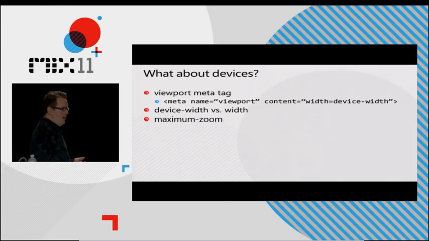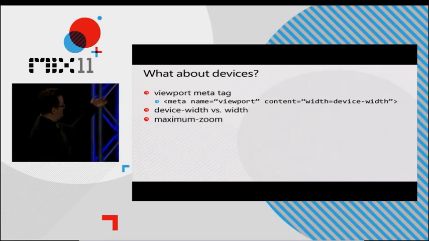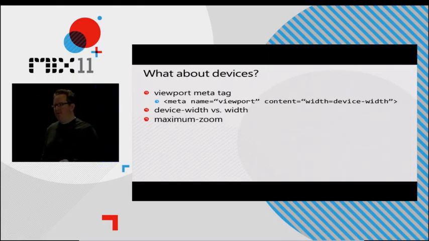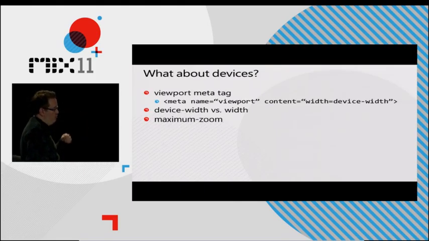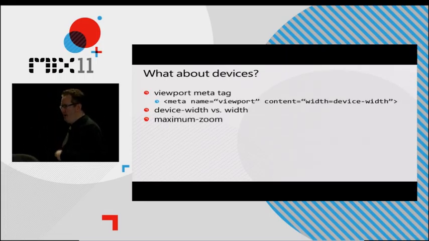The way to get around that is within your page, you can implement this viewport meta tag. It's basically meta name equals viewport. Then you take the content attribute and specify width equals device width. This forces the browser to say, oh, okay, this is really my true sizing, and you will actually start seeing your media queries working again.